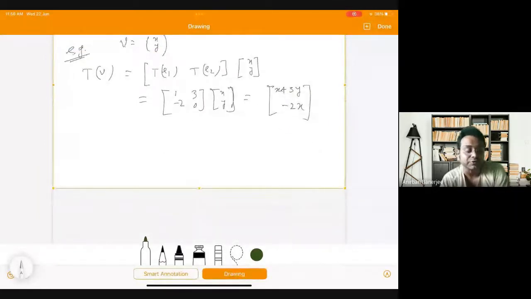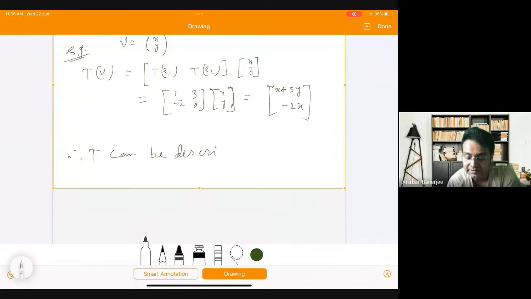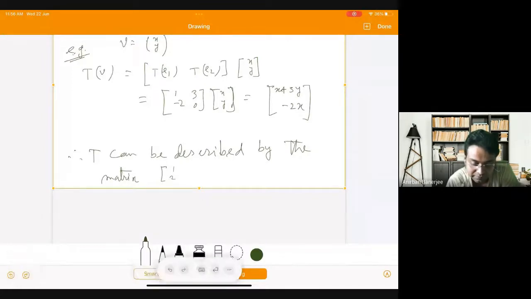If we know this information, we can construct a matrix which describes this linear transformation T. So T can be described by the matrix, in this case, the specific matrix 1, minus 2, and 3, 0.